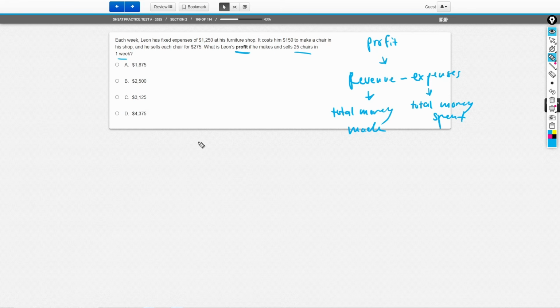When Leon makes a chair, what happens? When Leon makes a chair, right, he gets revenue. He gets a revenue of $275. That's how much money he makes off a sale. But in order to make that chair, he has to spend $150, right? For like the wood or the upholstery or like the parts for the chair.